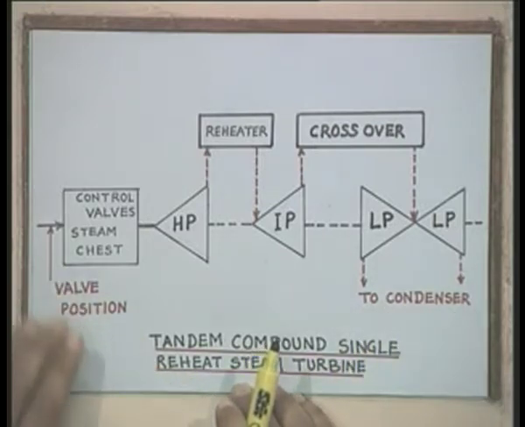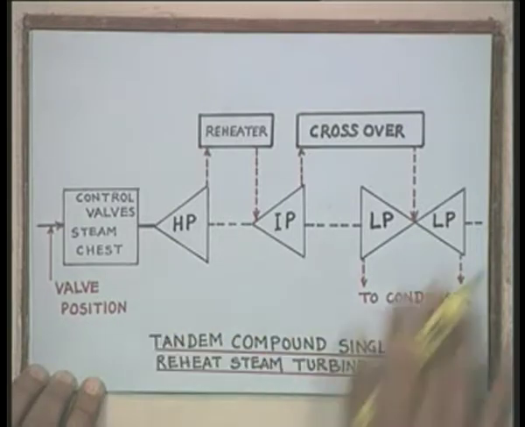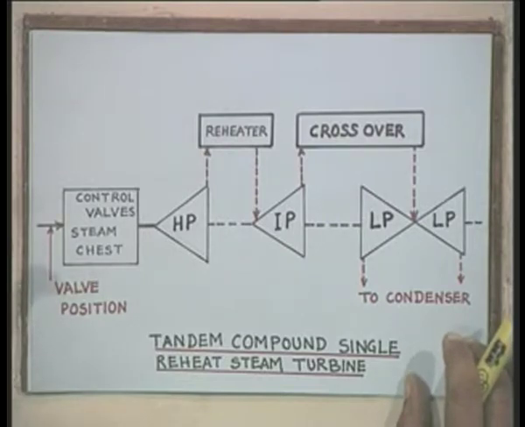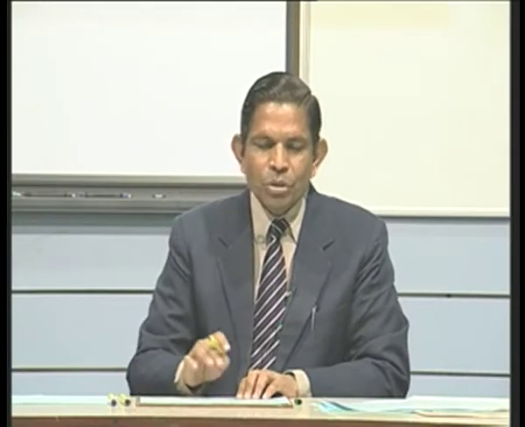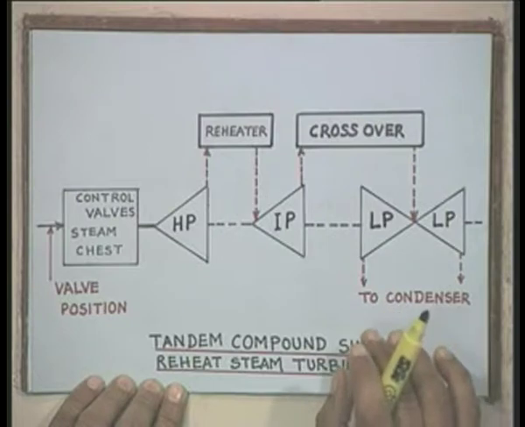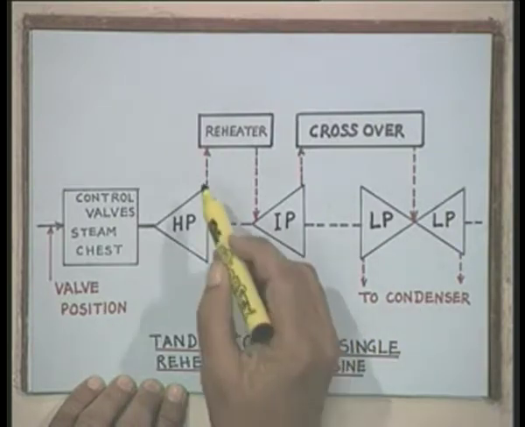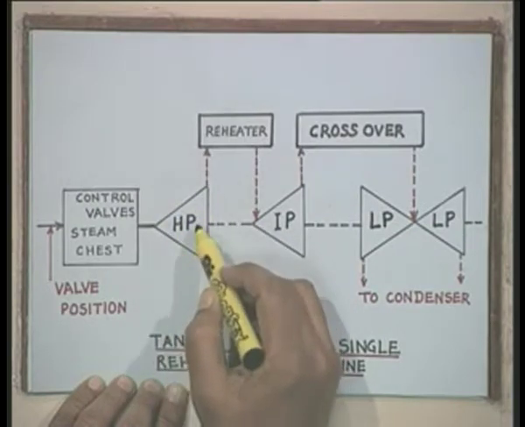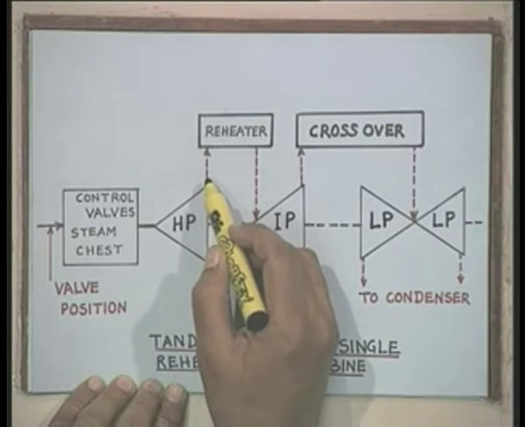Now, in this schematic diagram, we have not shown certain valves which are provided in the system. For example, I have not shown the interceptor valve. There is an interceptor valve provided in the reheater circuit, that is, for the steam leaving the high pressure section, there will be an interceptor valve, we call it IV.